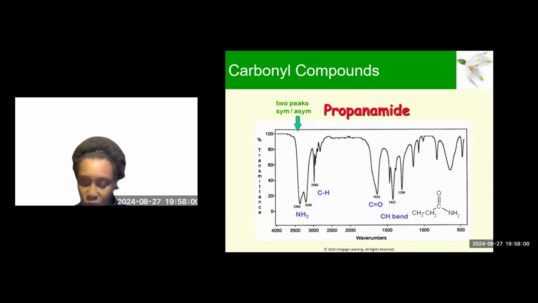And so the same way you have that stretching from each of those protons when you're dealing with the amines, you have it also with the amides. The only difference is amides also have that carbonyl group. In the same way that tertiary amines don't have any peaks in that area, tertiary amides don't have peaks in that area as well.